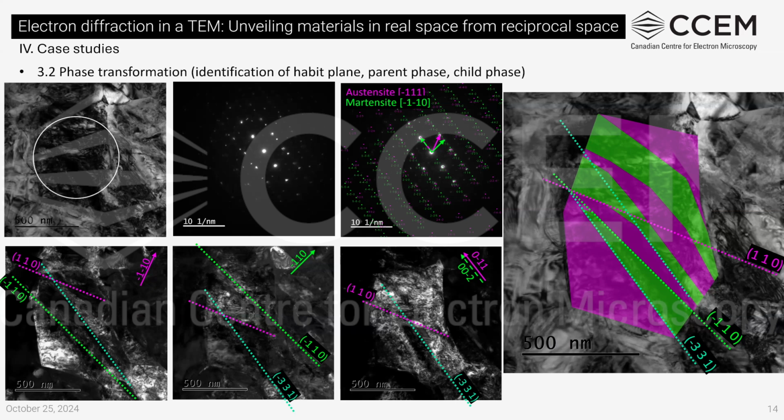With the help of the indexed diffractogram, we can also identify the interfaces between the two phases. Furthermore, the orientation of the phases, the indexation, the interfaces, and the planes can be fed to calculation and simulation, which will help put forward the mechanism of the phase transformation.